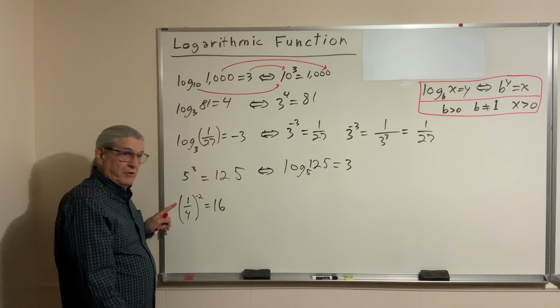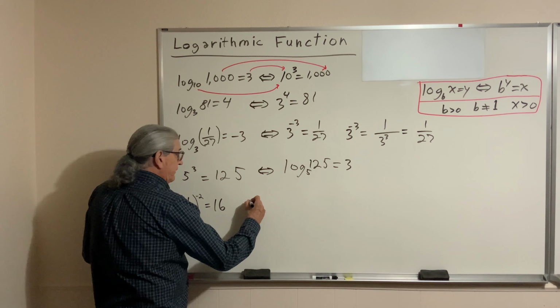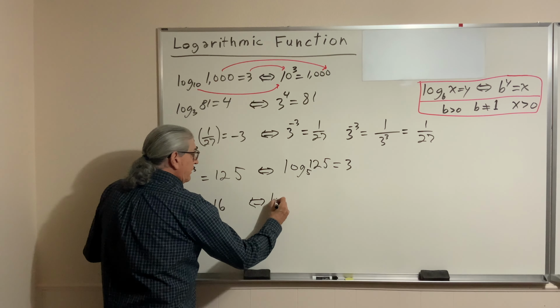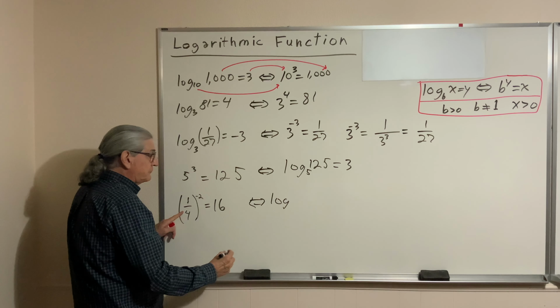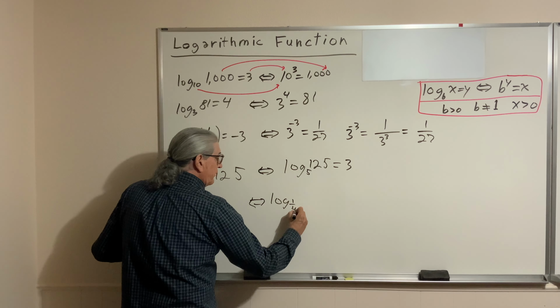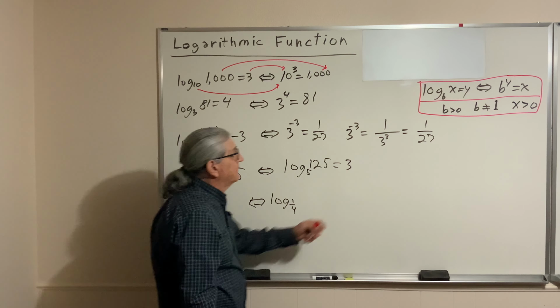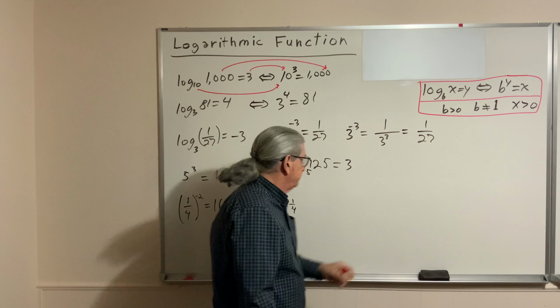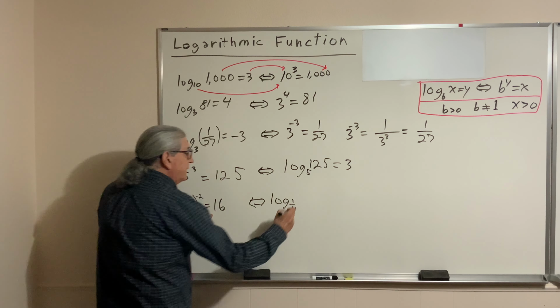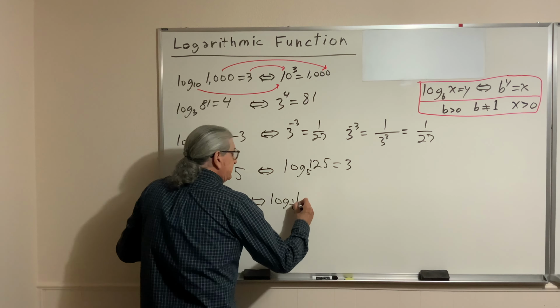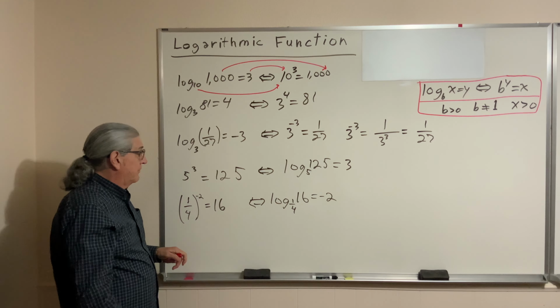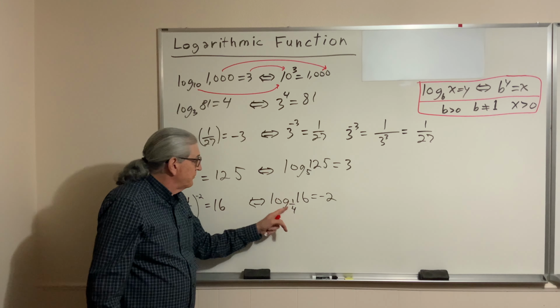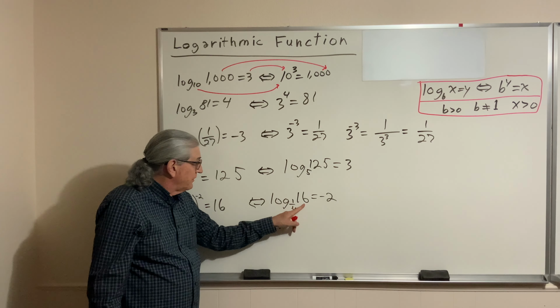So now let's take 1/4. So we have the log base 1/4, and this is okay because it's larger than 0, of 16 equals -2. All right. Now, it's very important. This number is smaller than this number. This isn't a power of this one.